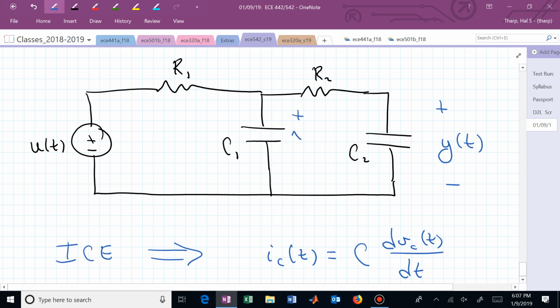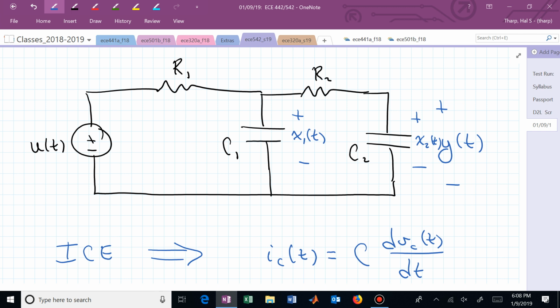I would say let's just now start labeling those voltages. There's an x sub 1 of t, and I can now say here's an x sub 2 of t, which in fact is equal to y of t. So if you want the output of this, it's just going to be x sub 2 of t. If we can now find equations that describe the time rate of change of x1 and the time rate of change of x2, we have our second order differential equation, or this description of a second order electrical circuit.